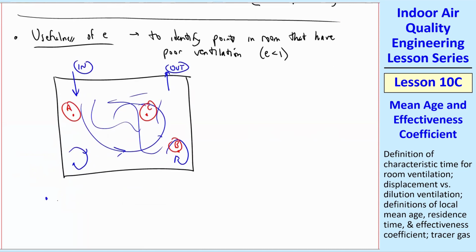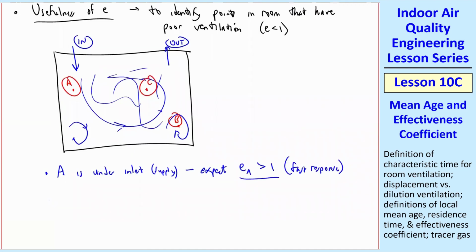Suppose we're at A, directly under the inlet or supply. So we expect that EA is greater than 1. In other words, it's a fast response, whereas B is in a corner, and this would be a recirculation. In fluid mechanics, we call that a recirculation bubble, an eddy that's kind of spinning around.